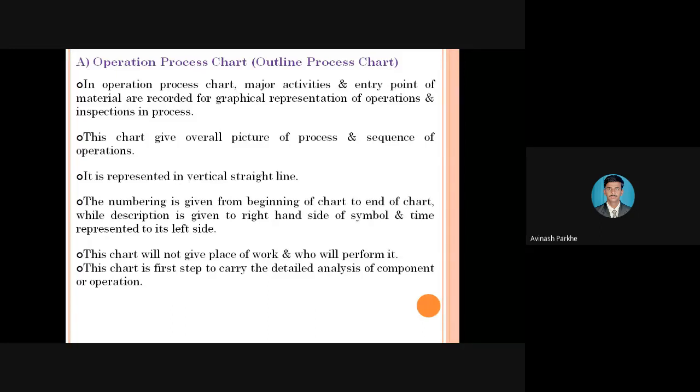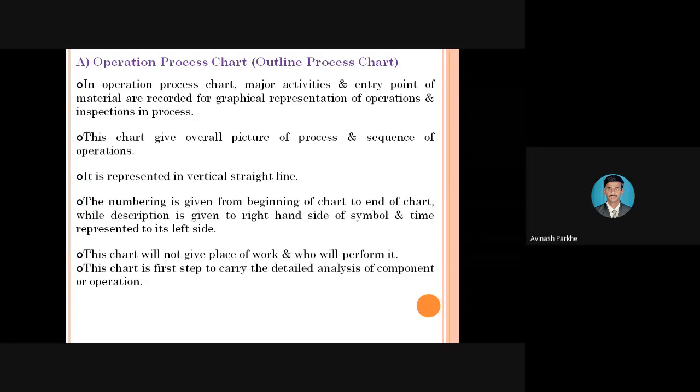For example, if I am doing operations for 5 minutes, those 5 minutes are recorded. After that, for 10 minutes, if I am inspecting the job, that inspection is also recorded. After 10 minutes, if I have to change the tool of the machine, the delay happens, and if 5 minutes are required to change the tool, those 5 minutes are also recorded using this chart.